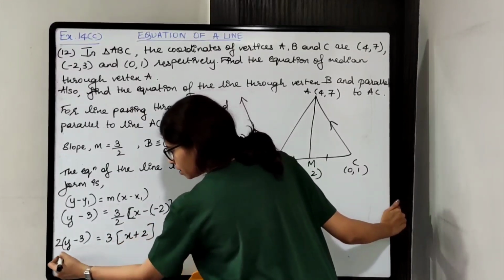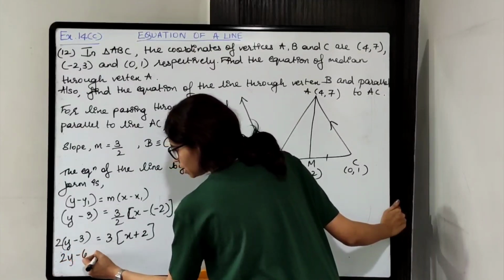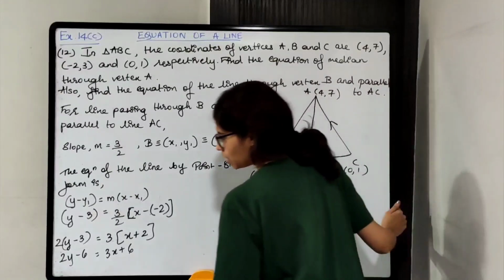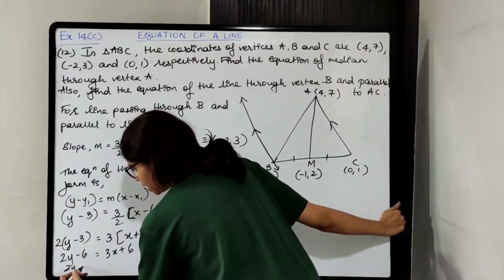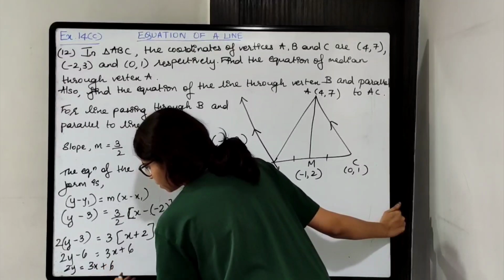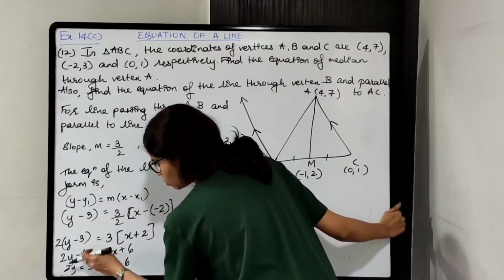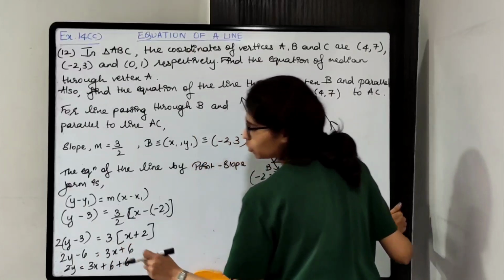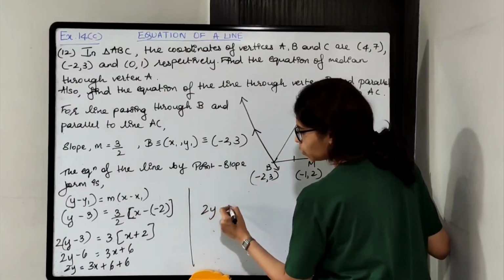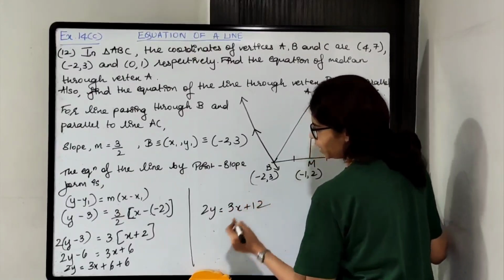Okay, so 2y minus 6 is equal to 3x plus 6. So 2y is equal to 3x, shifting 6 over here, plus 6 plus 6. Okay, ye already tha, yahan pe shift kar diya toh ek aur 6 aa gaya. So 2y is equal to 3x plus 12.